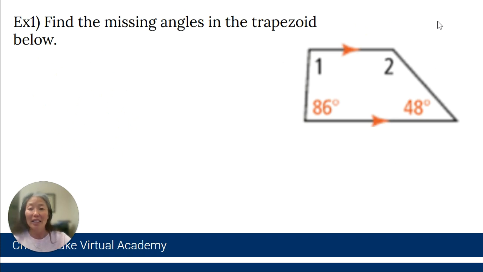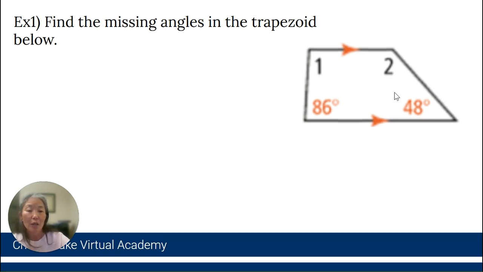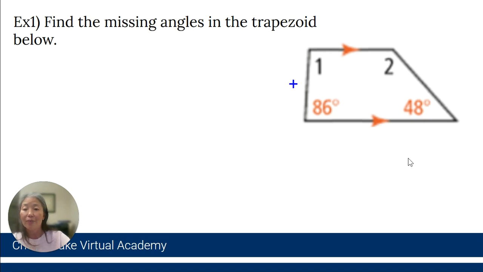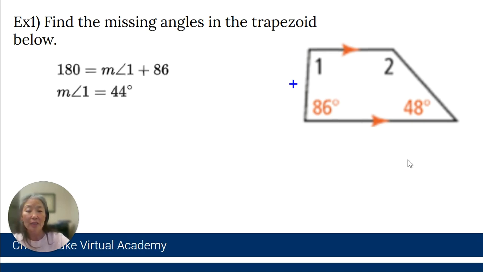The first one says find the missing angles in a trapezoid. I know it's a trapezoid because I have one pair of parallel sides. So I know that these two lines are parallel, which means this angle plus this angle is going to equal 180, and similarly on the other side. So 180 is equal to angle 1 plus 86 degrees, so the measure of angle 1 is 44.